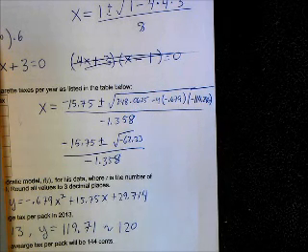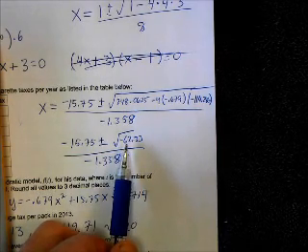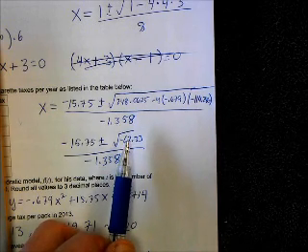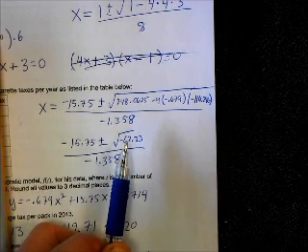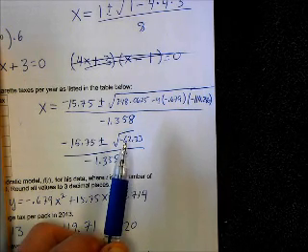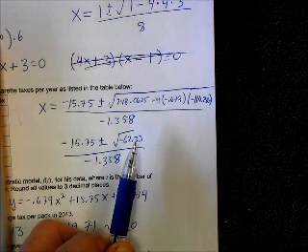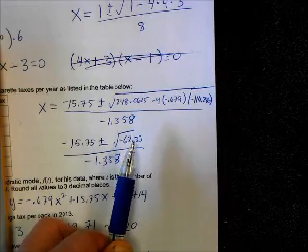What do I mean by that? I have imaginary answers, don't I? But x is supposed to be a year. Do we have any imaginary years? No. So what does that tell me? It's not real, so it'll never happen.